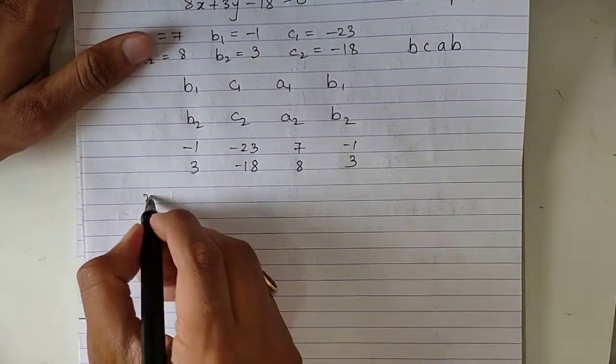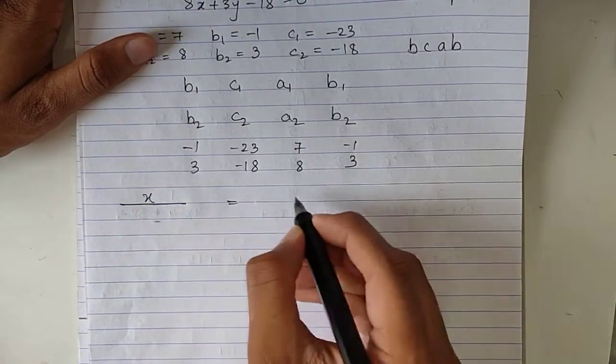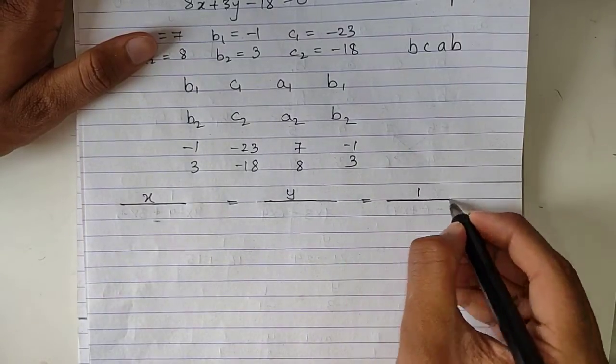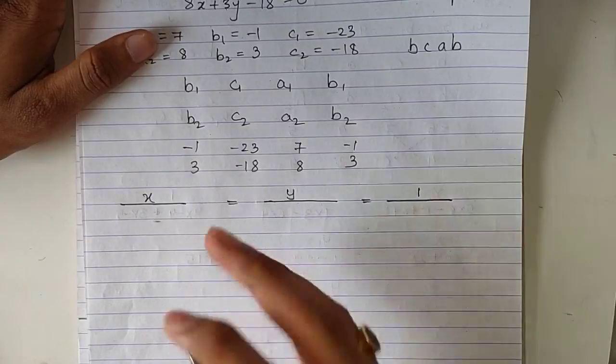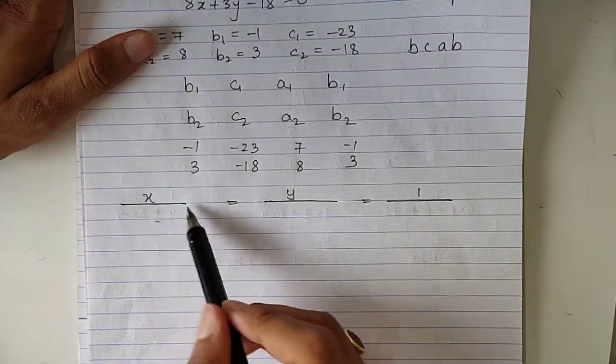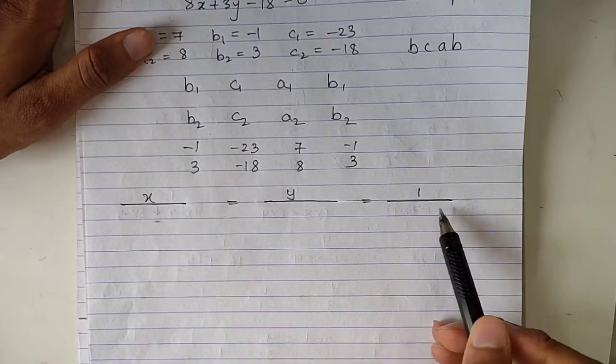Then x upon, y upon, 1 upon. Okay, x upon, y upon and 1 upon.